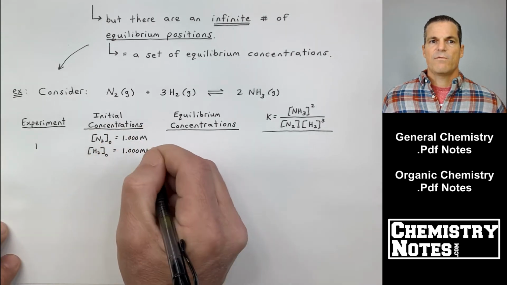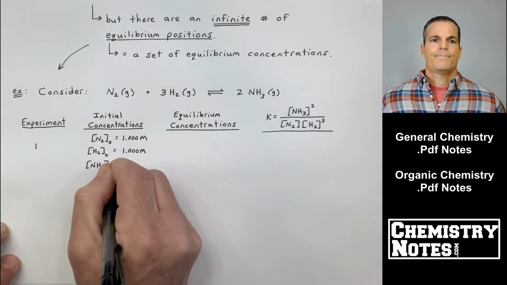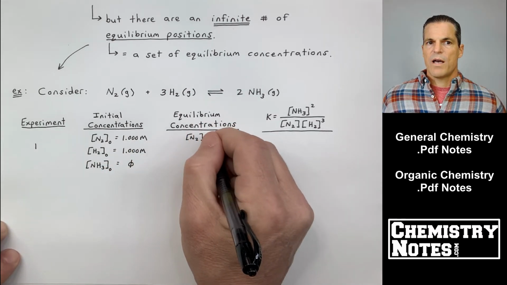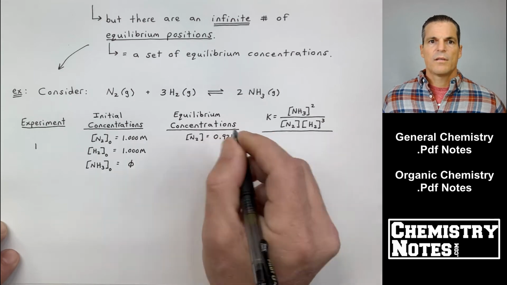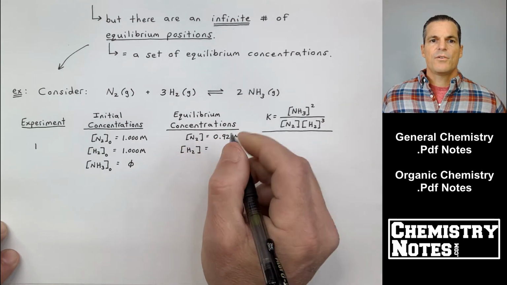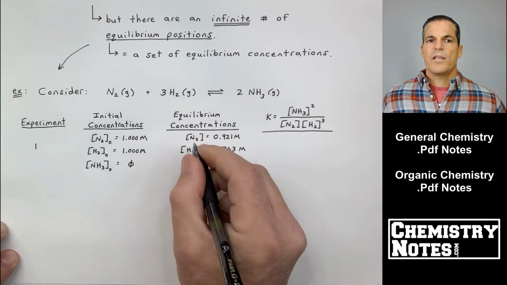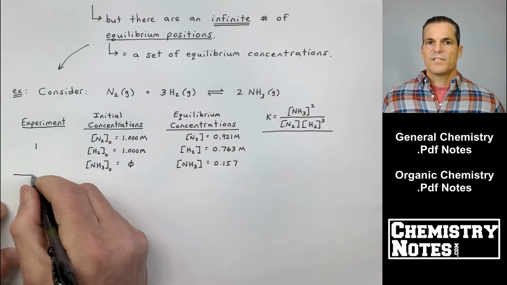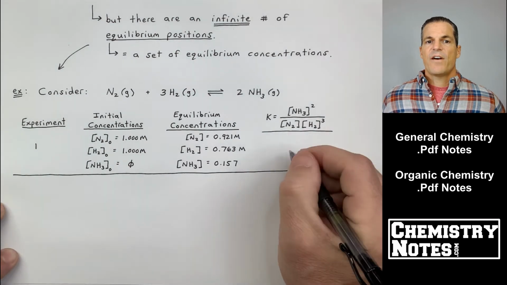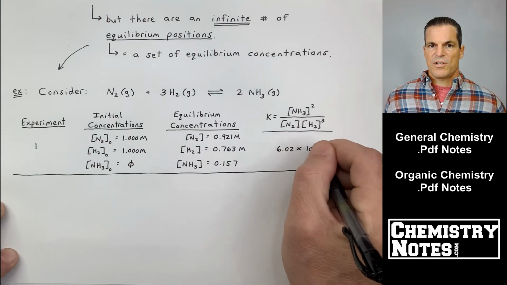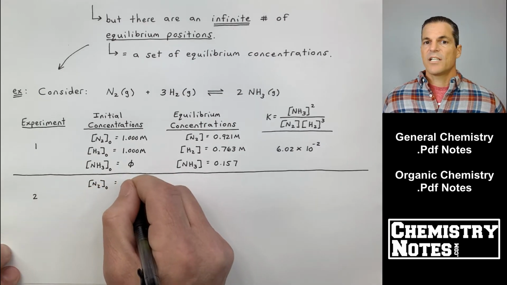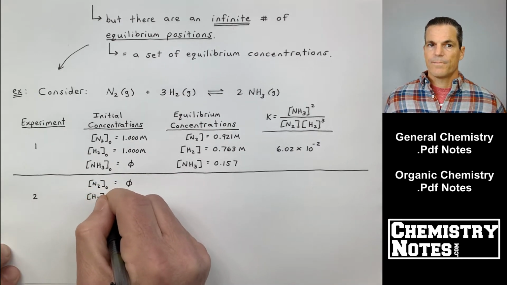Now I'm writing equilibrium concentrations for my fictitious experiment 1, N2, H2, and NH3. You notice that the initial concentrations have that little sub-zero knot. We're used to seeing that, right? And then if I put my equilibrium concentrations into my equilibrium expression and solve for K, I get 6.02 times 10 to the minus 2.